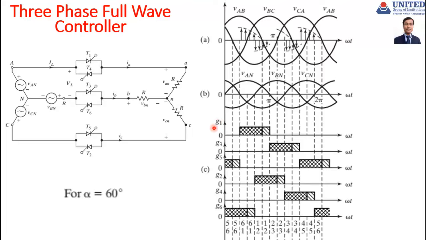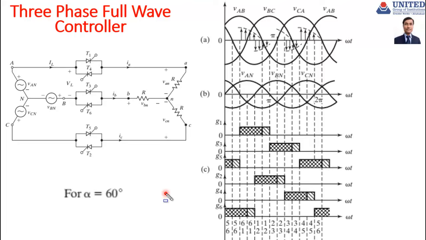Alpha is counted from the zero crossing of the supply phase voltage, and this firing pulse of T1, G1, ends at pi.